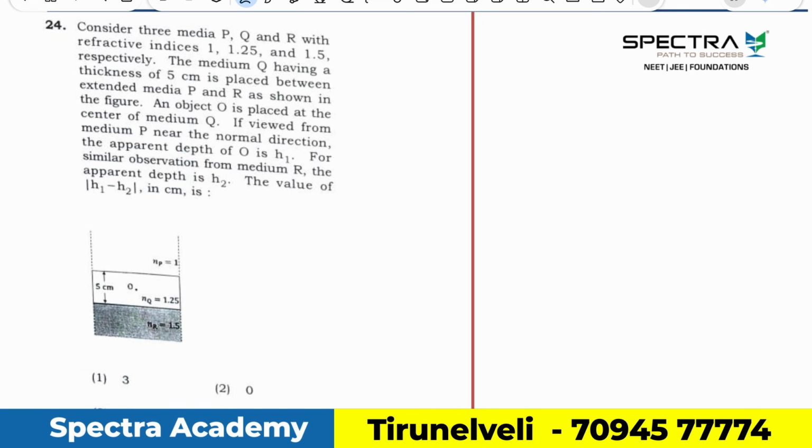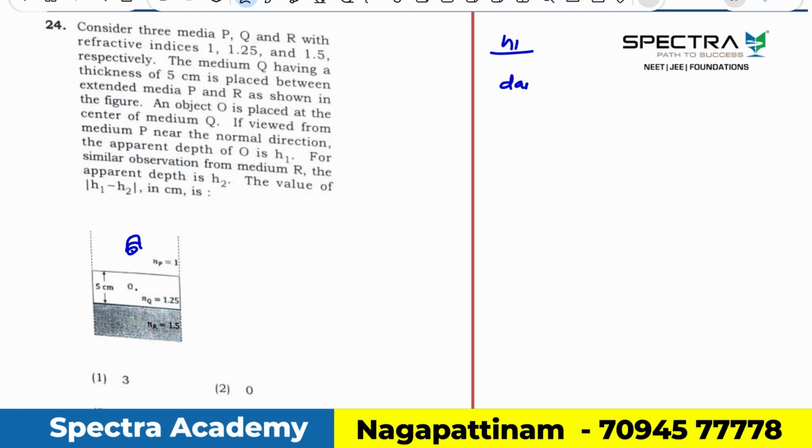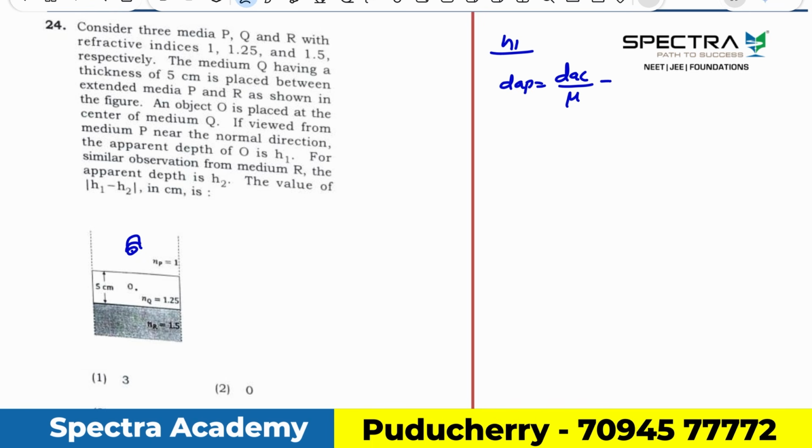Okay, how to get h1? See, when you are looking from here, you are looking from a rarer medium into a denser medium. So how to find h1? The equation is d apparent is equal to d actual by mu. What is d actual?